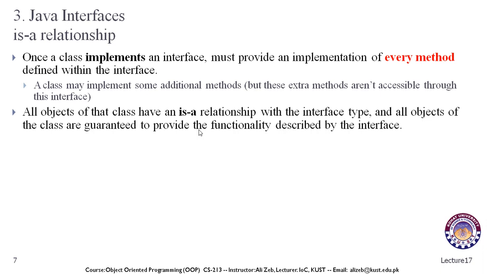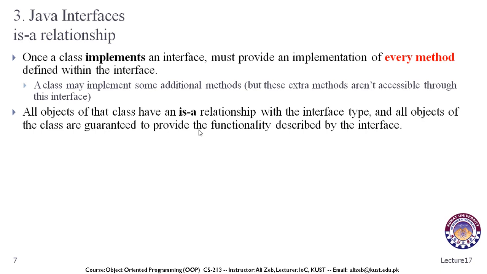All objects of that class have an is-a relationship with the interface type. As I said earlier, there is an is-a relationship between the class and the interface. And all objects of the class are guaranteed to provide the functionality described by the interface.